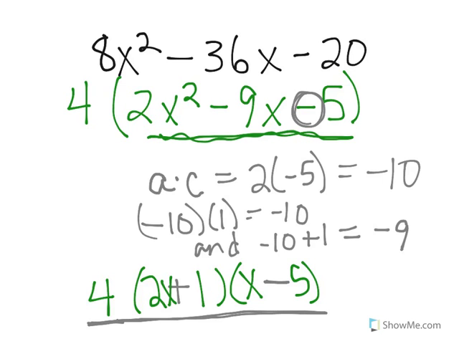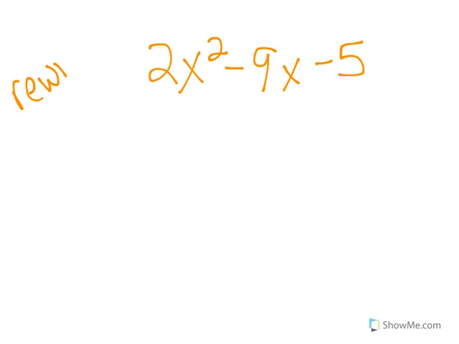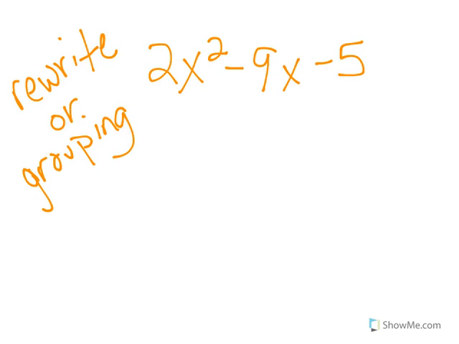Let's go back to the polynomial 2x squared minus 9x minus 5, and we're going to factor using the rewriting method, or grouping. So what we're going to do is use that same target. a times c is negative 10.